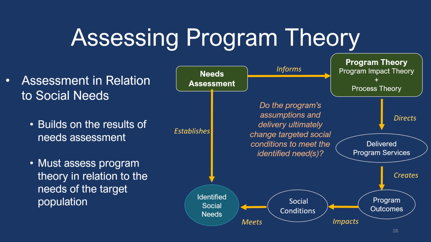I hope that this helps you see how these evaluative processes, and the detail work that you're doing within each, is supporting the next step, which is supporting the next step, which essentially is aiming to create a strong space for the program to do what it's supposed to do, which is to impact outcomes, to change social conditions, to meet those social needs.